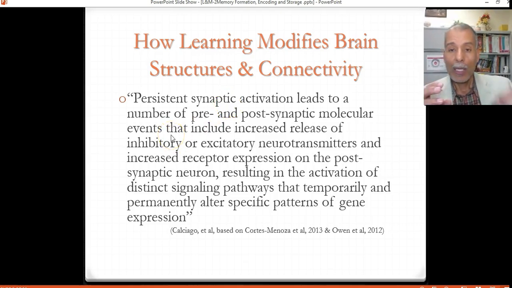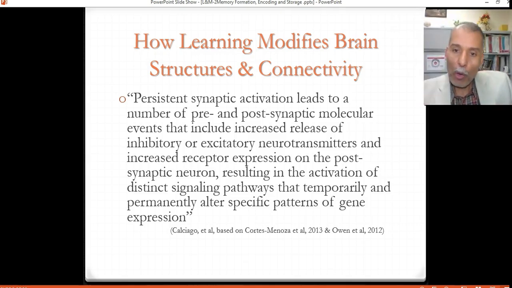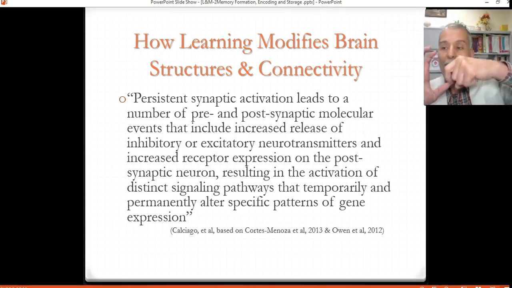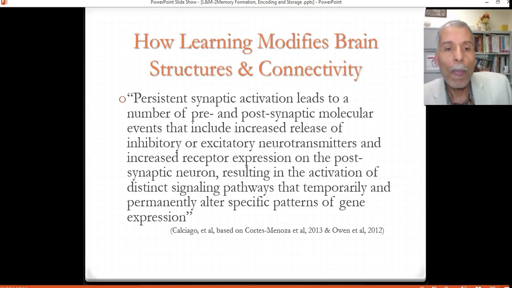Pre means in the neuron that is sending the information, and post is the neuron that is receiving, the one that has the channels to open for the chemicals that come in to carry the signal. And the one that is sending has the neurotransmitters and components to send the signal. So modification will happen here and will happen here.